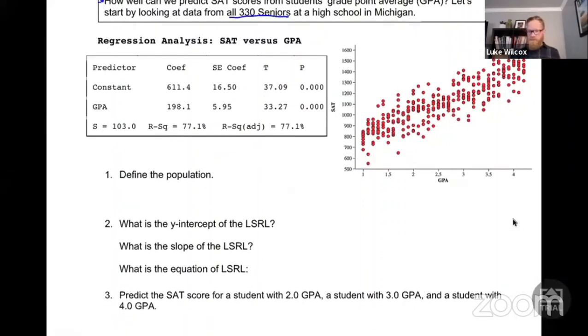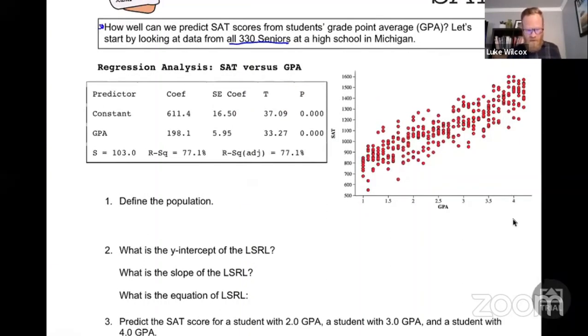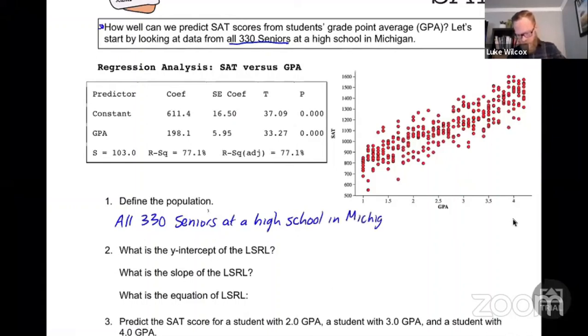So number one is just to start thinking about what the population is in this particular context. And it's given to you right up front, and in fact, I've underlined it already. It is all 330 seniors at a high school in Michigan. So this is something that is very rare in statistics.